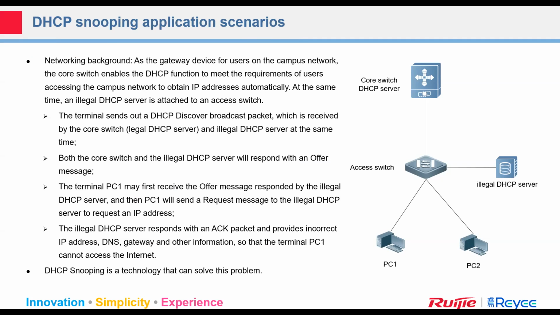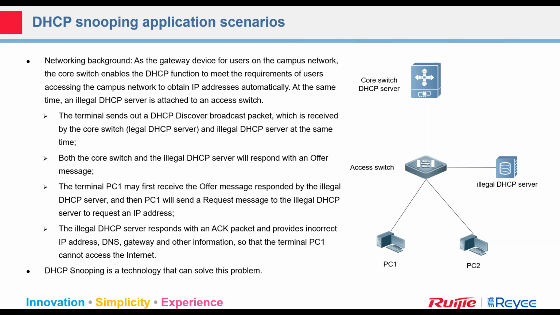So we do have a DHCP snooping application. As a background, in the DHCP function, the gateway of this user campus network gets its IP from this DHCP server.